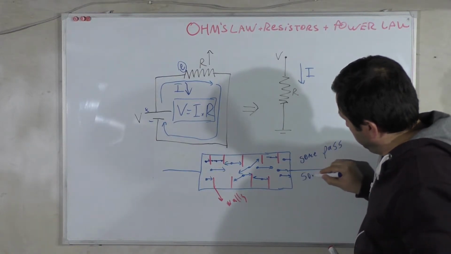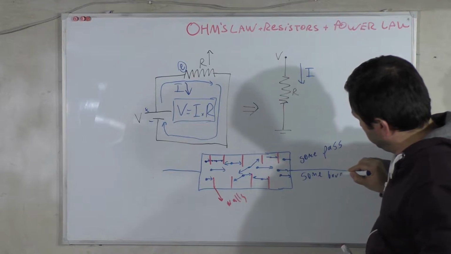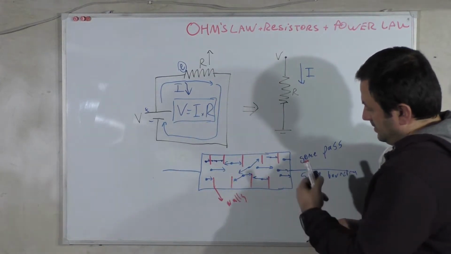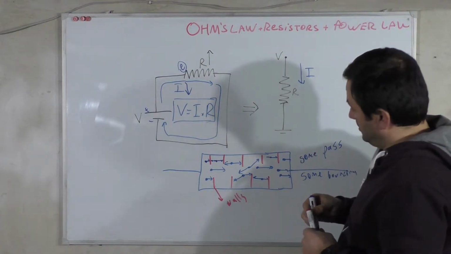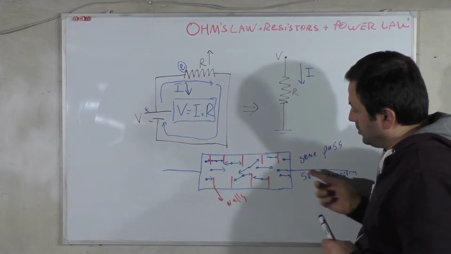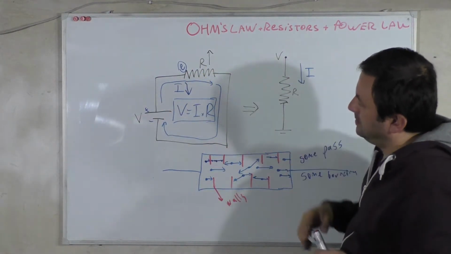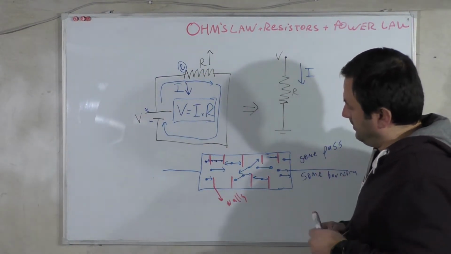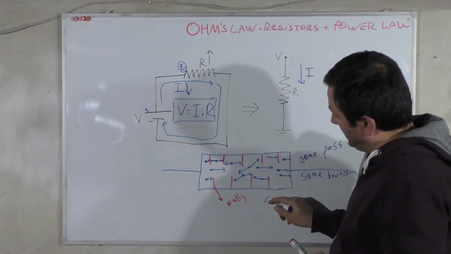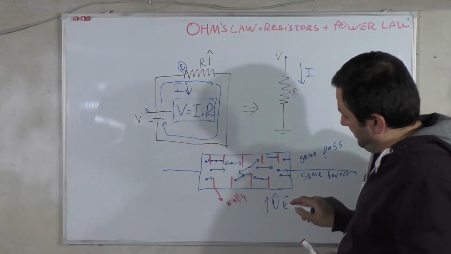Some bounce back. So it's limiting the ampere. It's limiting the quantity of electrons passing through that wire in a unit of time, in 1 second. For example, if there is no resistor, 10 electrons pass in a second.